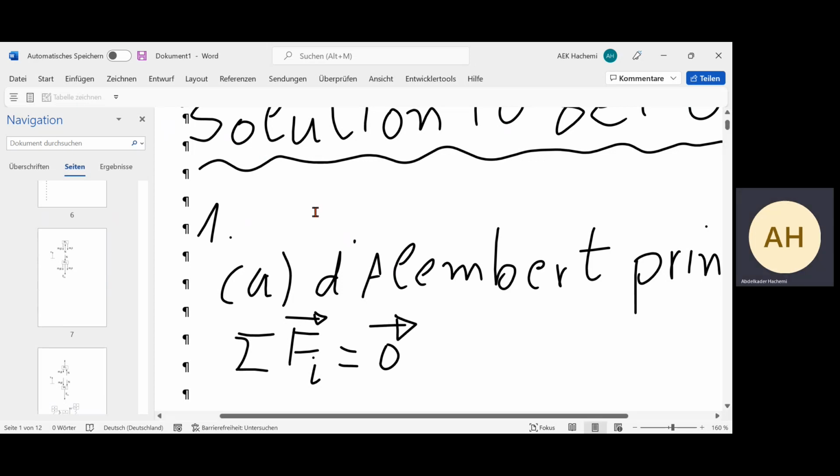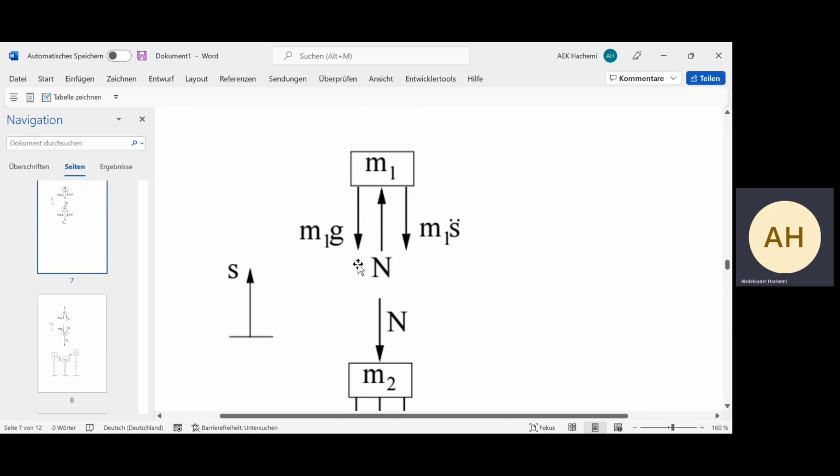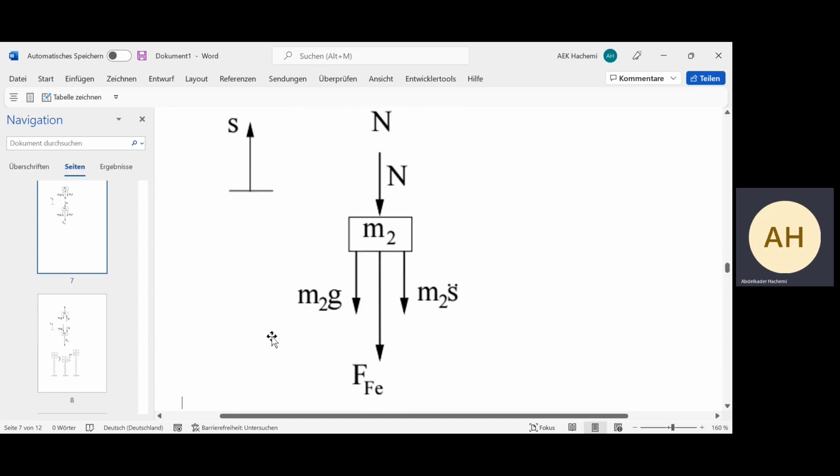This is the principle of D'Alembert. But this means we have to look now at which forces act between the two masses. Then we choose the coordinate system, let's say, with the position S, which is unidirectional.